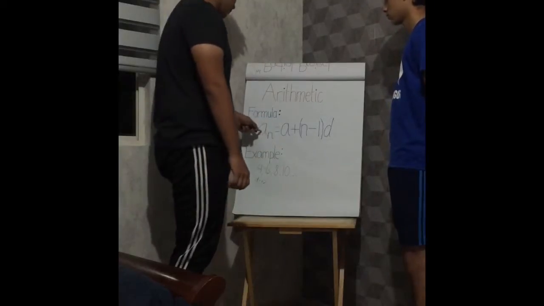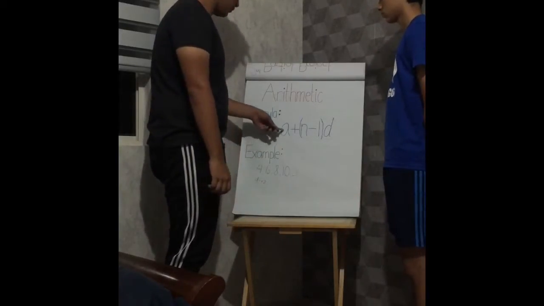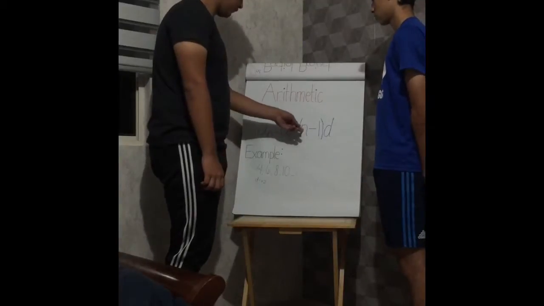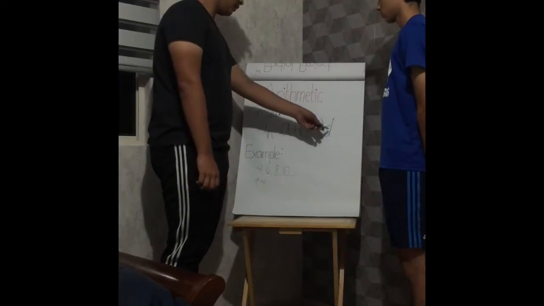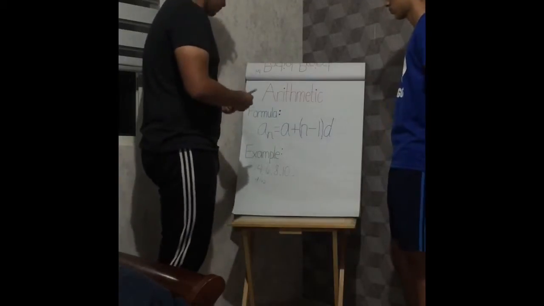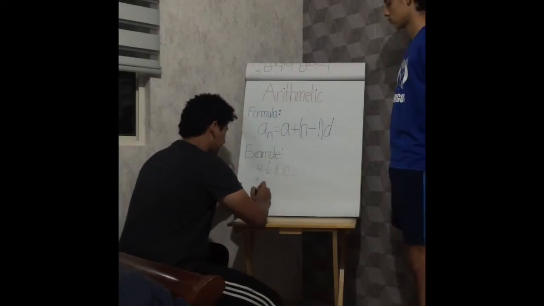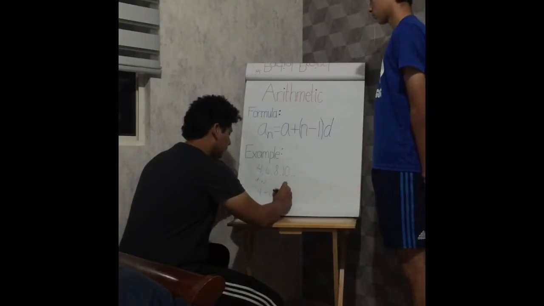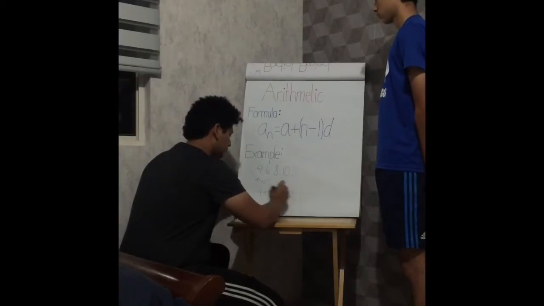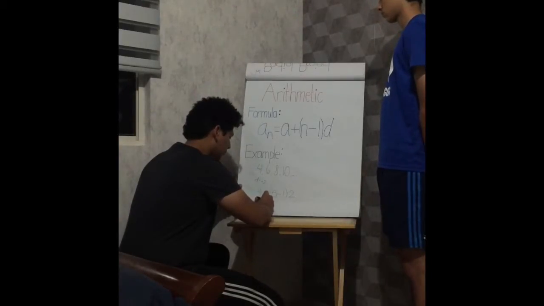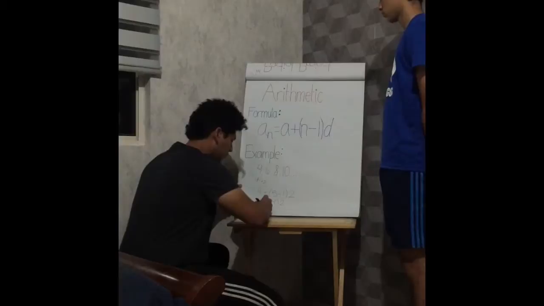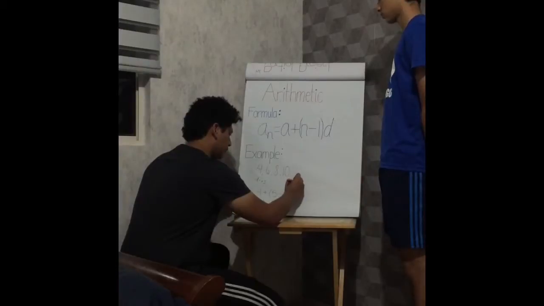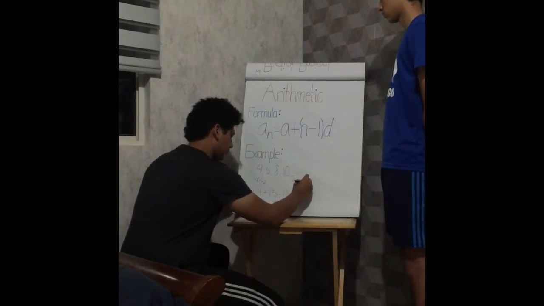So to get the fifth term, we'll have 4 plus 5 minus 1 times 2. So we'll have 4 plus 4 times 2 equals 4 plus 8, which is 12. And the fifth term is 12.